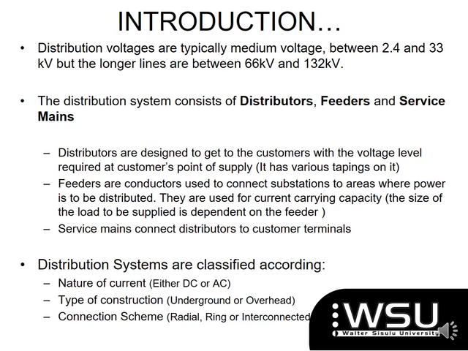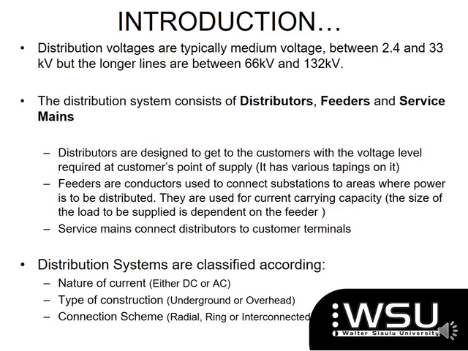So that medium voltage is divided into two sections. The first part being 2.4 to 33 kV, and that is for relatively small to medium distance lines. In other words, the distances there are never above 100 kilometers. And then for your longer lines, we're going to have distribution voltages between 66 kV and 132 kV.